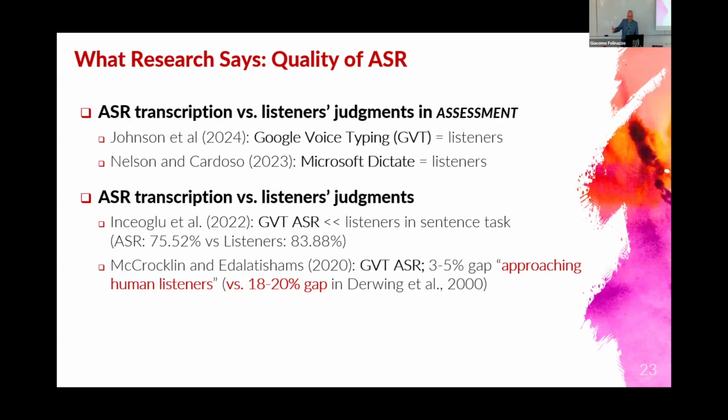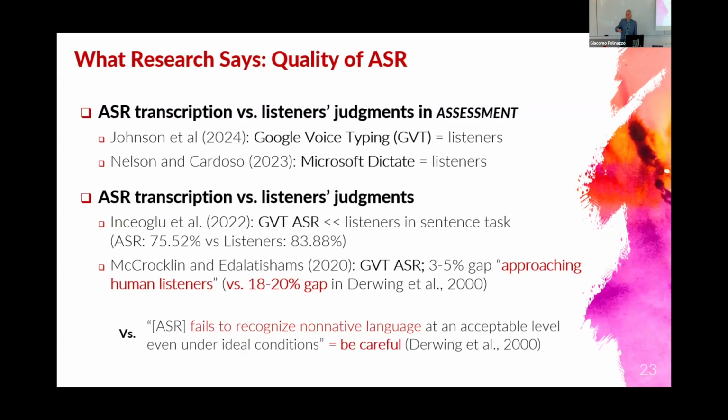For example, in this study, McCaughey and colleagues found only a gap of between 3 to 5% between the two, which is very optimistic if you compare, for example, with a similar study that was conducted in the early 20s, in which they claimed that we have to be very careful with this type of technology because it is not able to understand approximately 20% of what second language learners use.